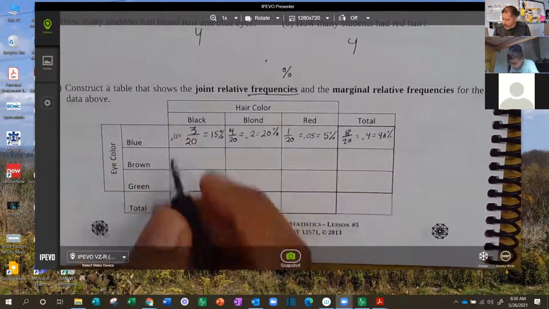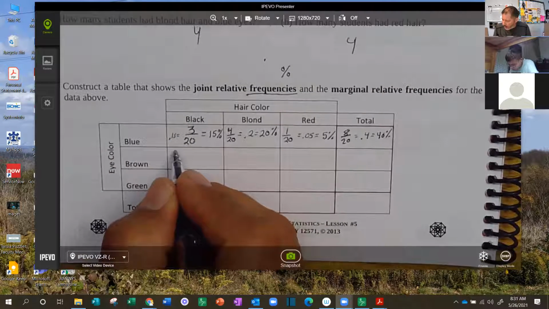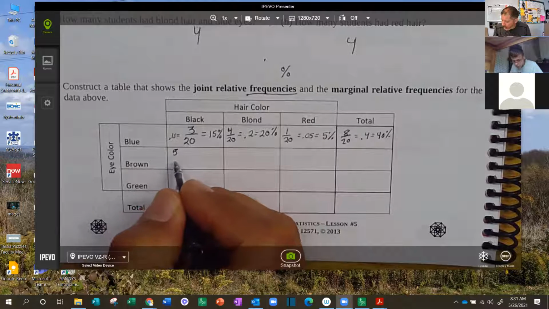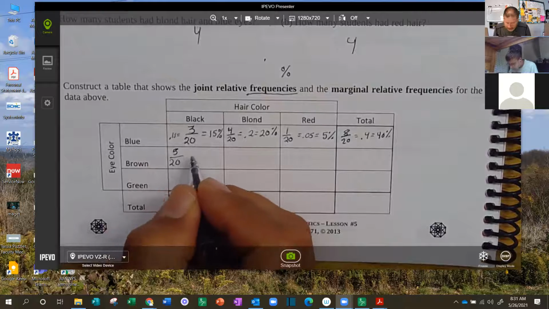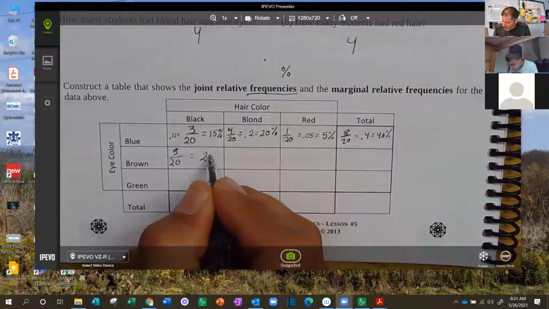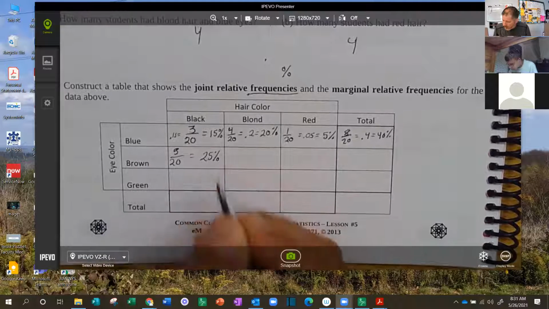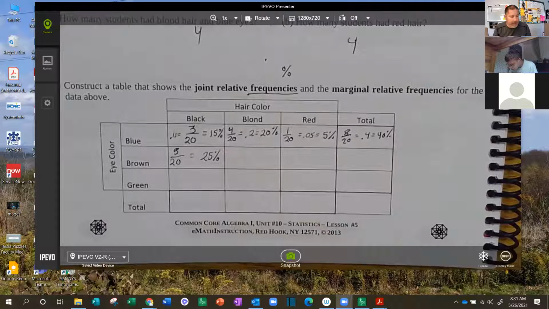So we just look at how many people with brown hair and brown eyes. It's 5 out of 20, which is also known as 25%. Okay, so fill that table in, and we'll meet back up. Give me a signal maybe in chat or something when you're done.